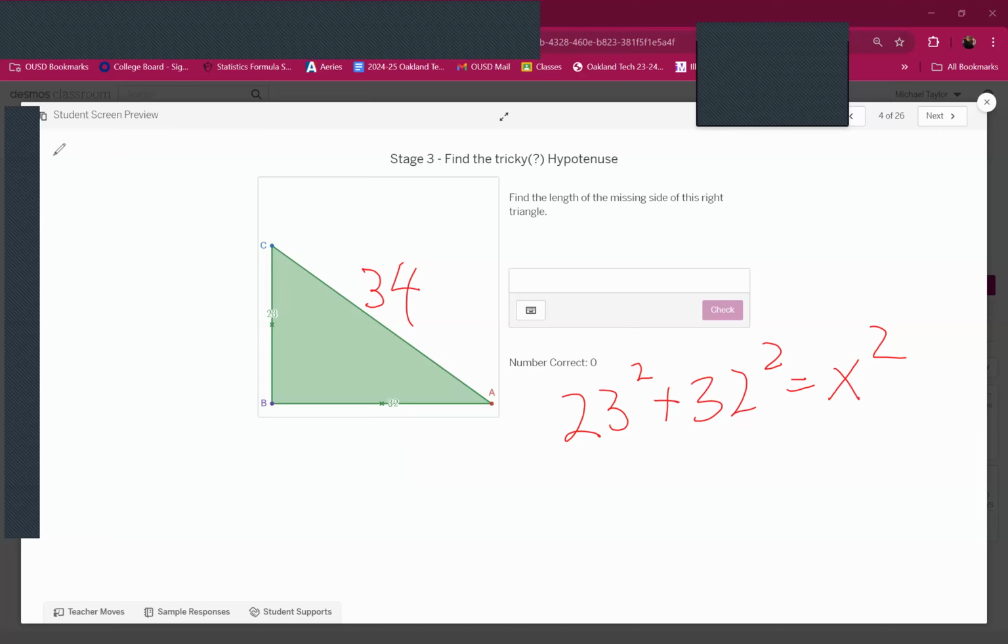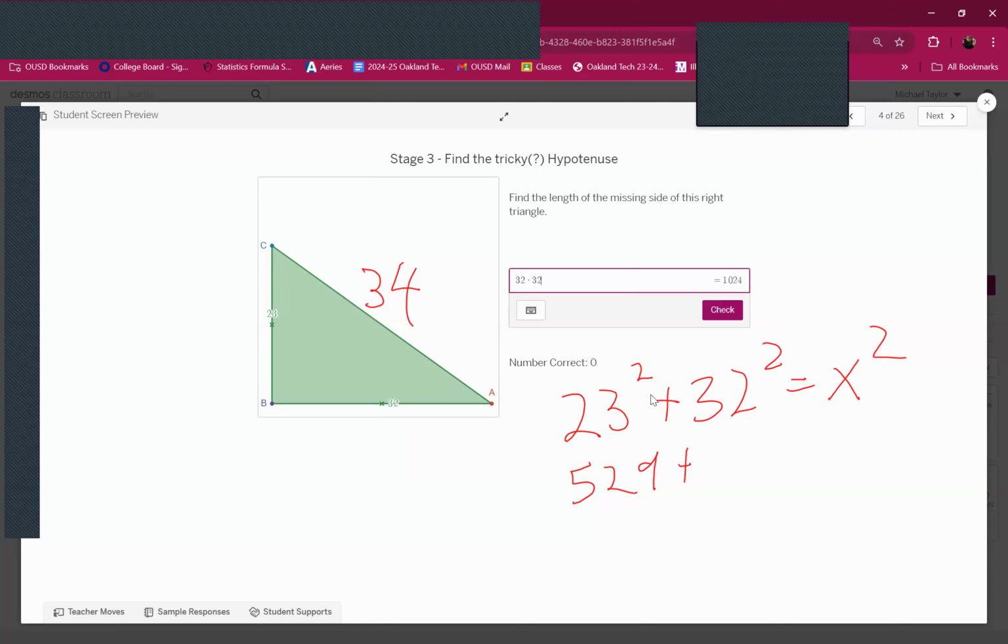So I'm going to take advantage of the calculator again. 23 squared is 529. So I'm going to put that in there. 529. And 32 squared is, and once again, on a regular calculator you could find the square button, or like you do 32 times 32, that's the same thing as 32 squared.